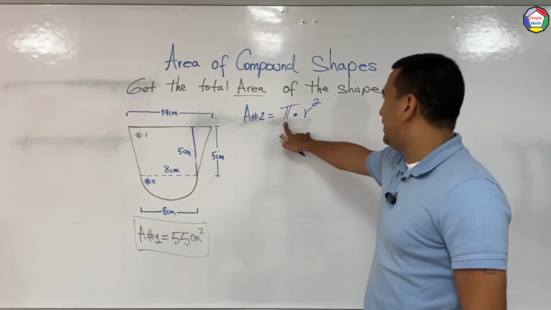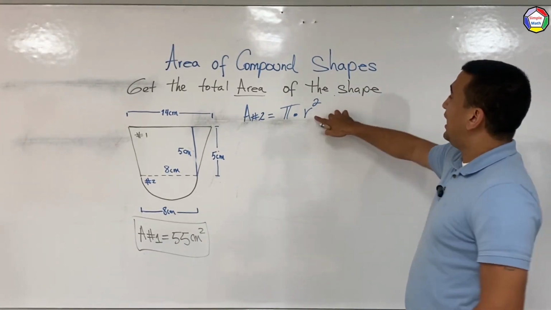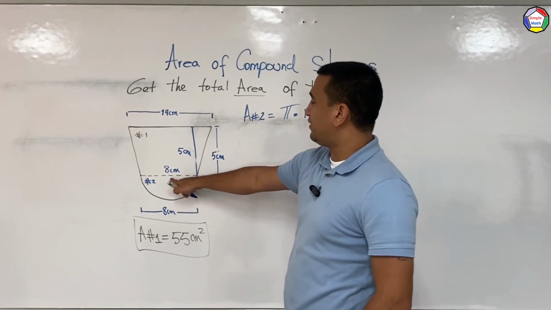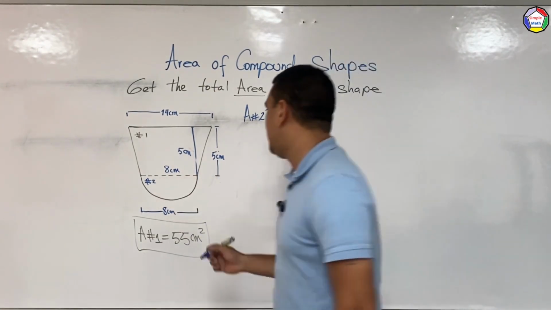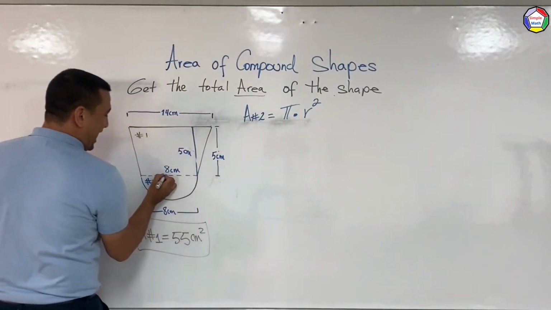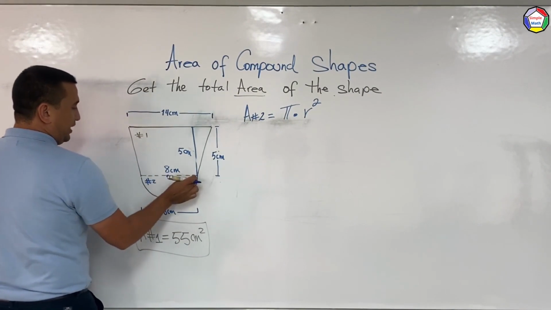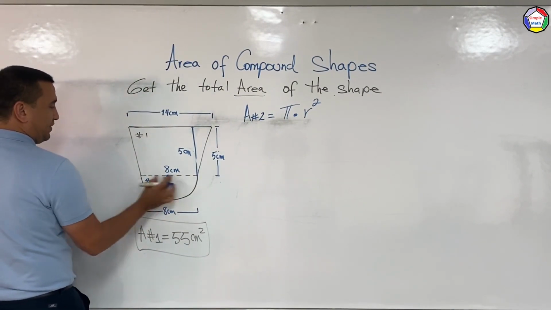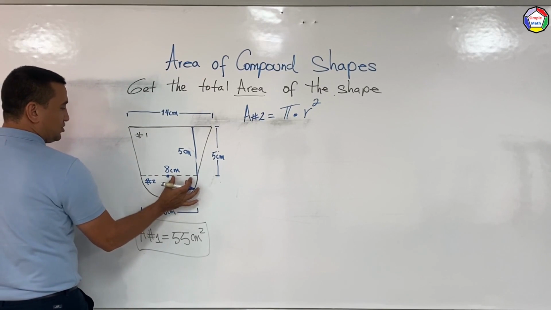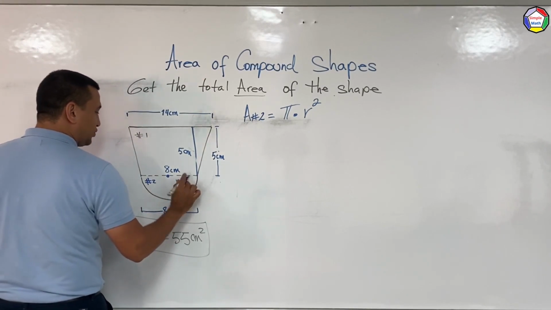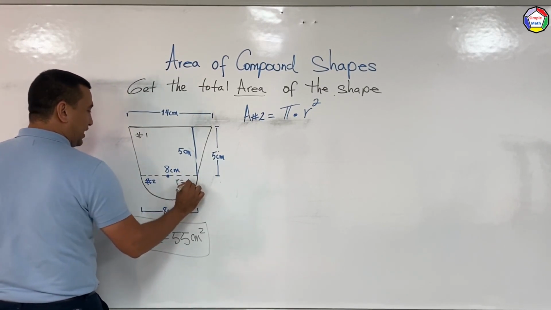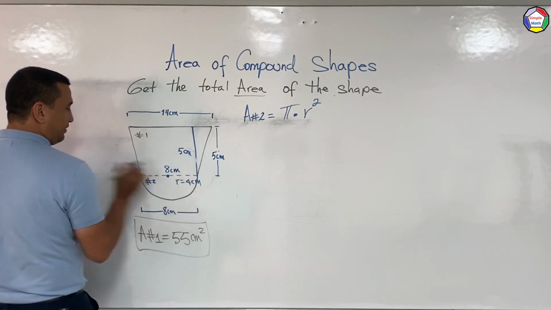What is pi? Pi is 3.14, and the radius we can calculate based on the shape. We know that the radius is half of the diameter. If from here to here is the diameter, this is the radius. So the radius is half. In this case it is 4 centimeters, half of 8.